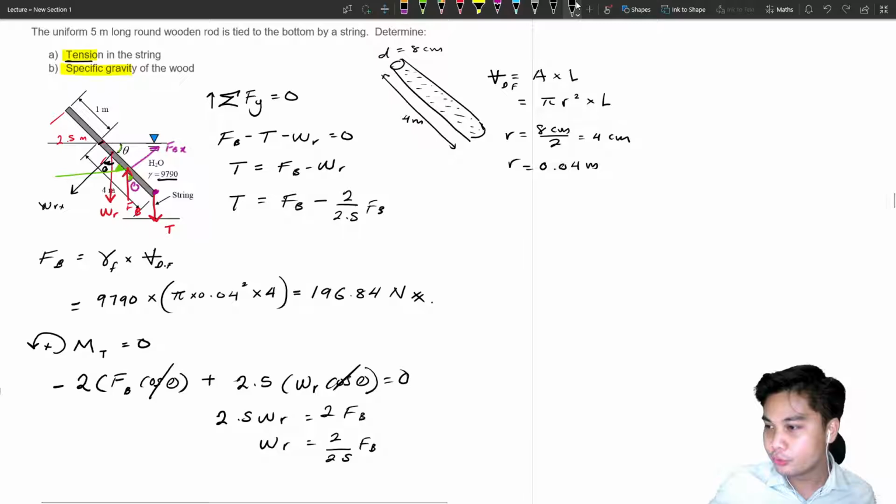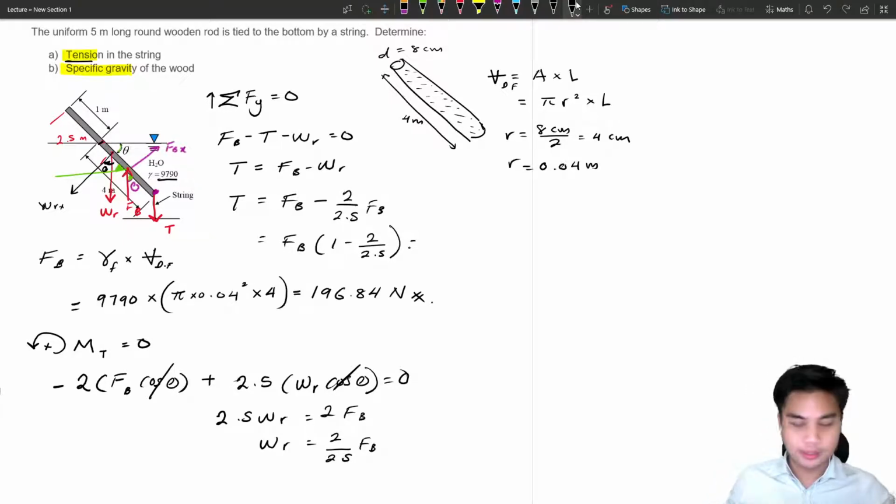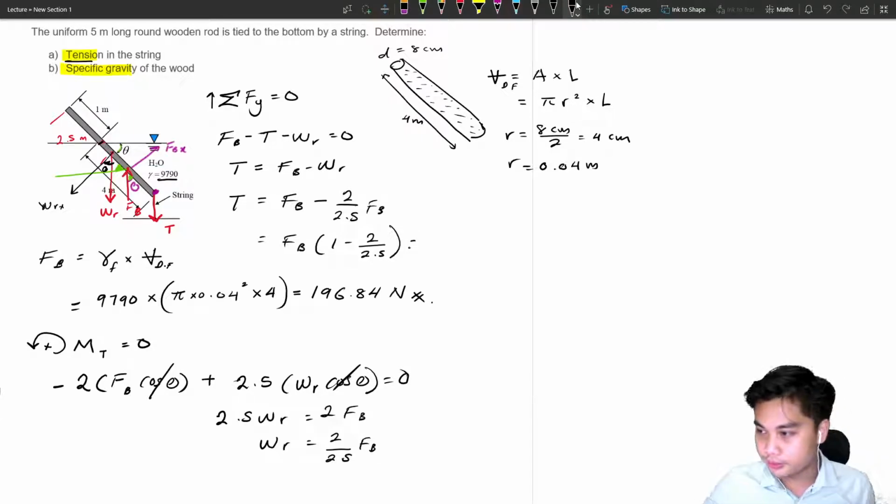So what you can do, factorize FB. FB equal to 1 minus 2 over 2.5. You can calculate 2 over 2.5, 1 minus this, and you can get 0.2 FB.